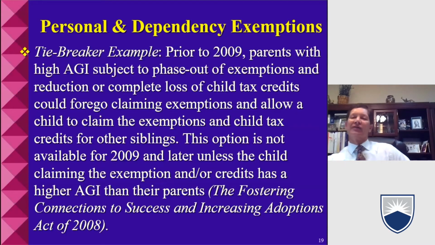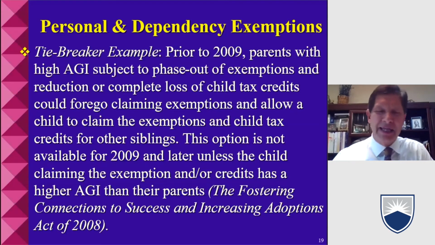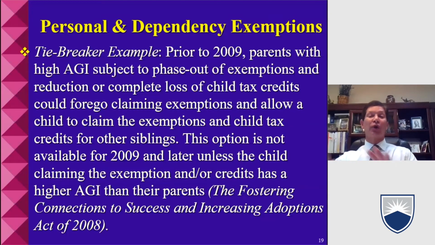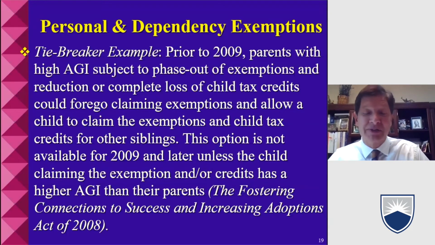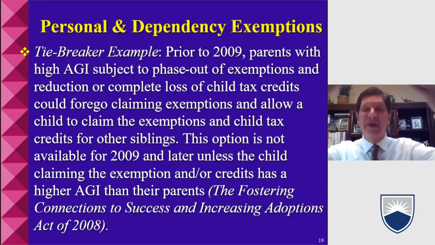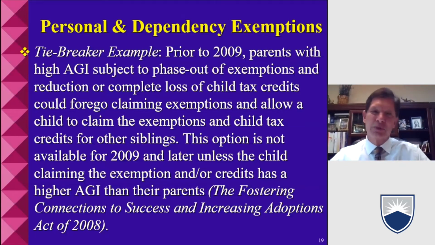So prior to 2009, parents with high AGIs subject to phase out of exemptions and reduction or complete loss of child tax credits would forego claiming the exemptions and allow a child to claim the exemptions and child tax credits for other siblings. This option is no longer available unless the child claiming the exemption and or credits has an AGI higher than their parents, which would defeat the purpose.